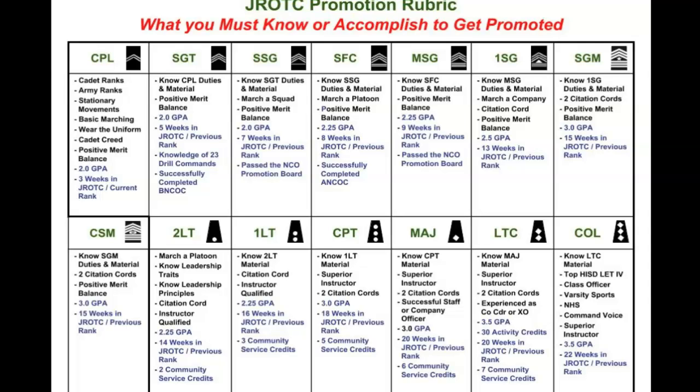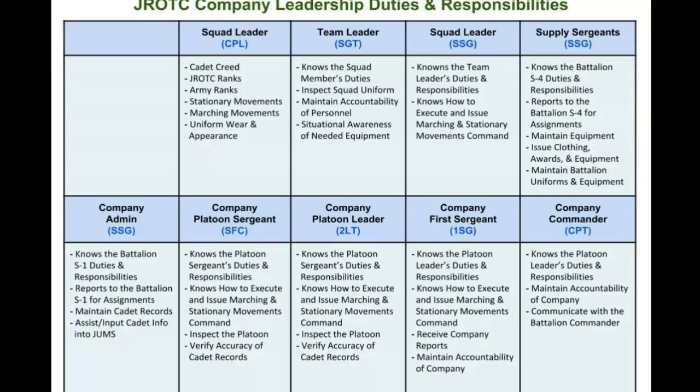As we were looking at the cadet handbook for JCC, the cadet handbook gave you the promotion requirements to move from cadet to cadet private, from cadet private to cadet private first class, and from cadet private first class to cadet corporal. Same thing here.